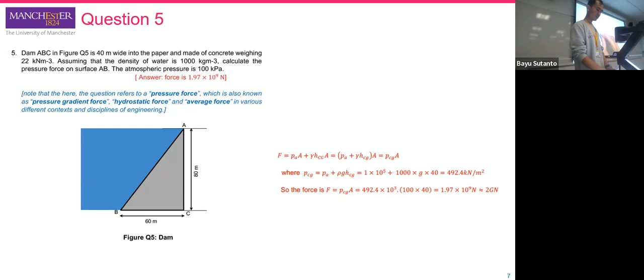So in this case, we have here the presentation of the force. This is point B, and this is point A, for example. This is in the area A to area B.